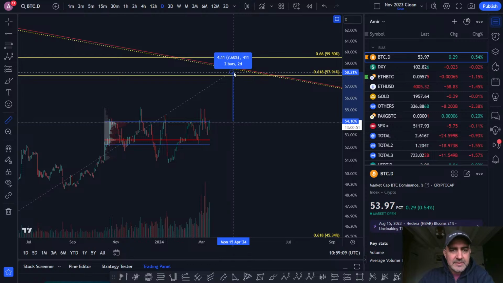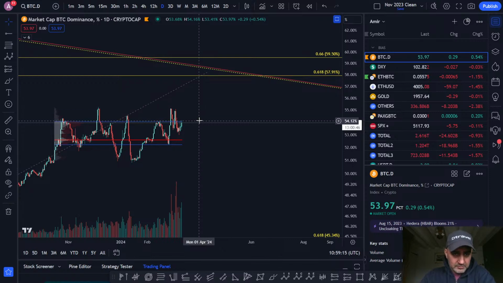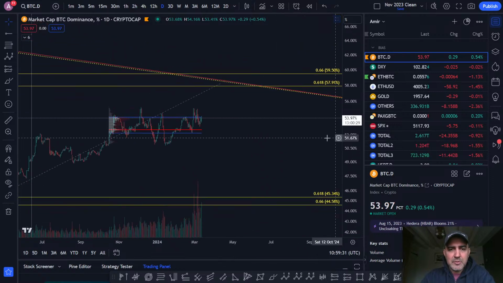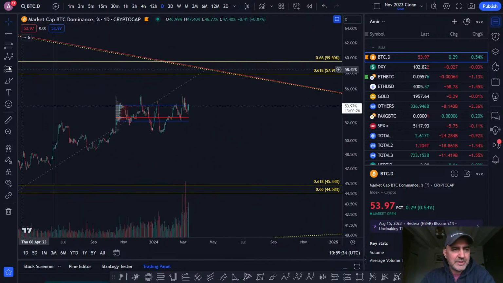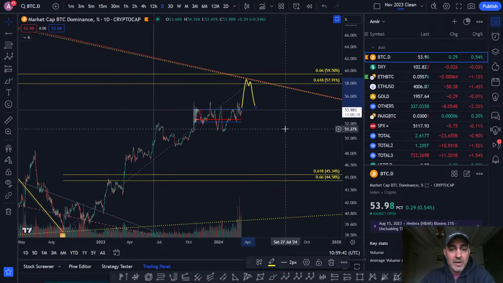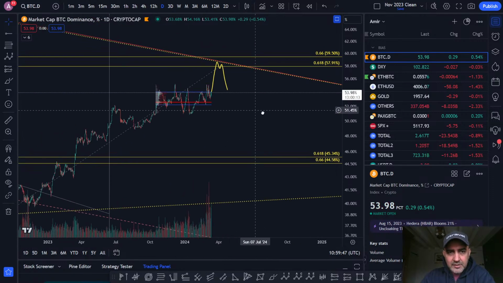On Bitcoin dominance, that's about 8% higher. We're back in the top of this range. We haven't actually hit the point of control of this range, so it's still looking quite bullish for Bitcoin dominance. If you want alt season, then Bitcoin dominance must be bearish. Okay, and at the moment we're still quite bullish on Bitcoin dominance. Potentially for Bitcoin dominance, we want to go up there, find resistance and come back down. That's what I'm hoping for. So we're still not there yet.